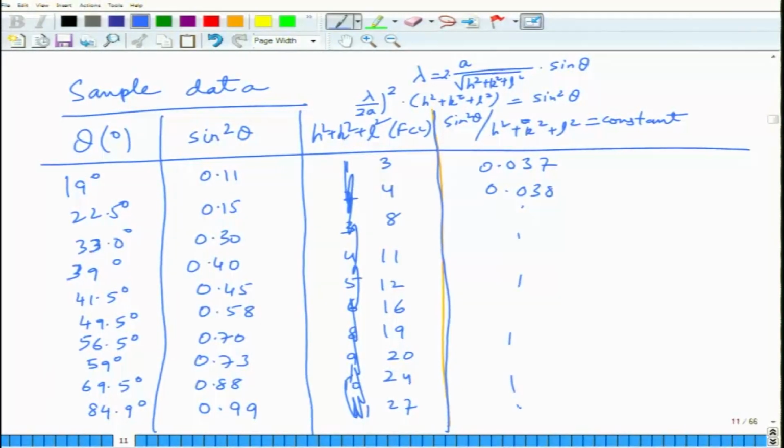We will see that all the values will be equal. So, this is basically an FCC structured material. If all the values are the same, then this is an FCC structured material.